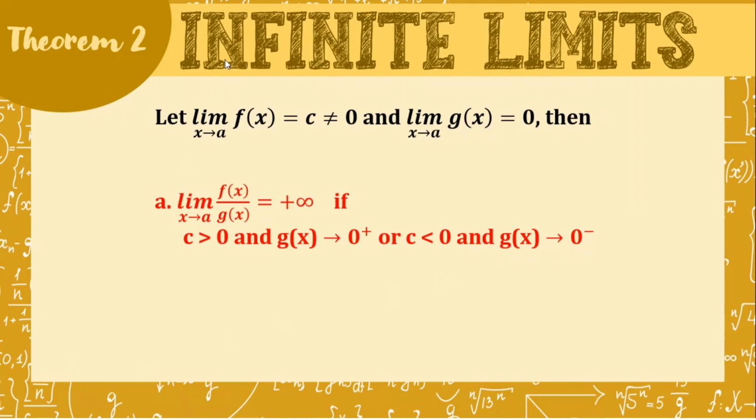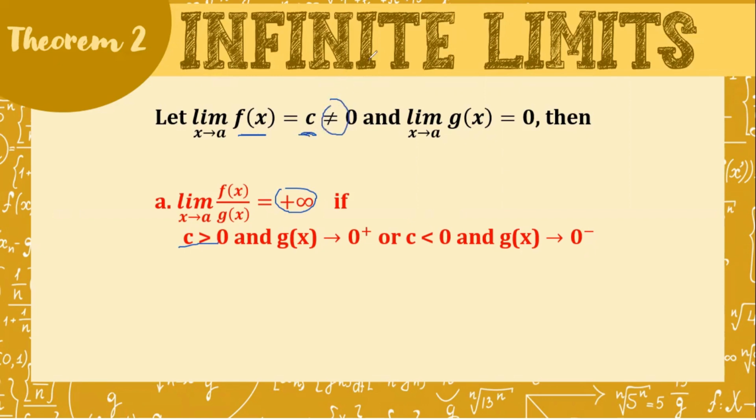Again, we can only say that the given limit, f of x over g of x, is equal to positive infinity if your c, which is the f of x, okay, the f of x here is denoted as c, and c should not be equal to 0.